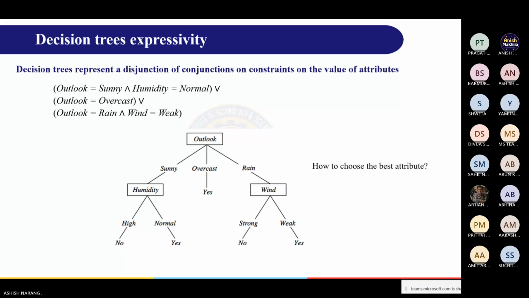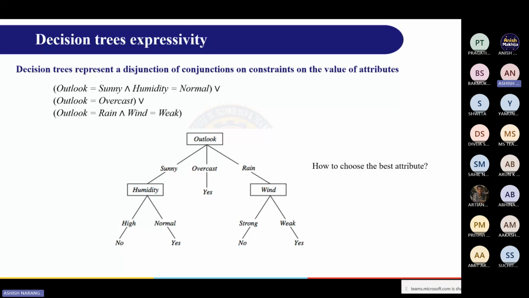Now, this particular chart is only asking about how to choose the best attribute, right? Decision tree represents a disjunction of conjunctions on the constraints on the values of attributes. This is one way they have tried to express it. And if you look at this, why the name expressivity?